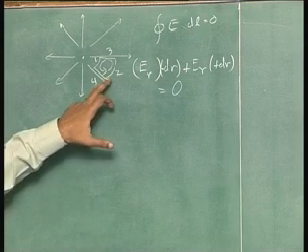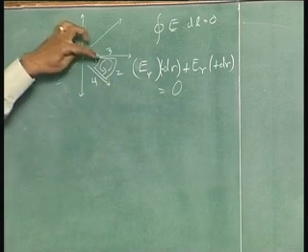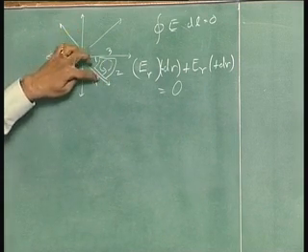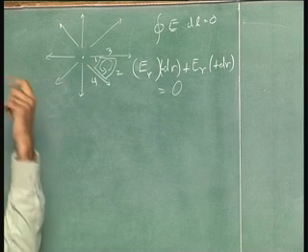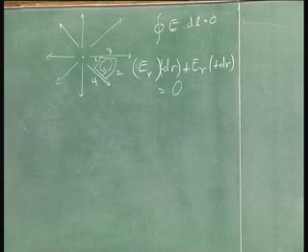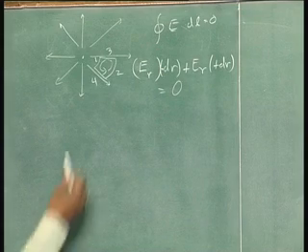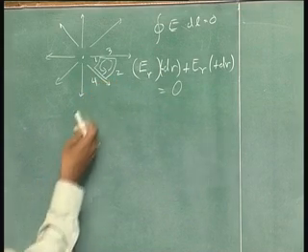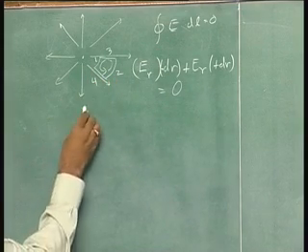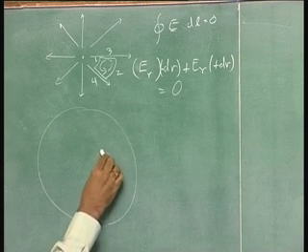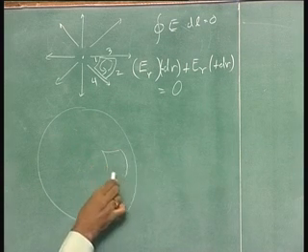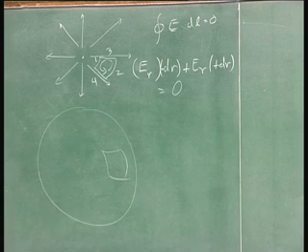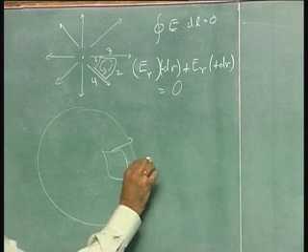So, obviously, if I take a loop of this type, this electric field cancels this electric field. The loop is going in opposite directions, but the electric field is the same. If I take a loop that is on the surface of a sphere, well, the electric field comes out of the sphere.